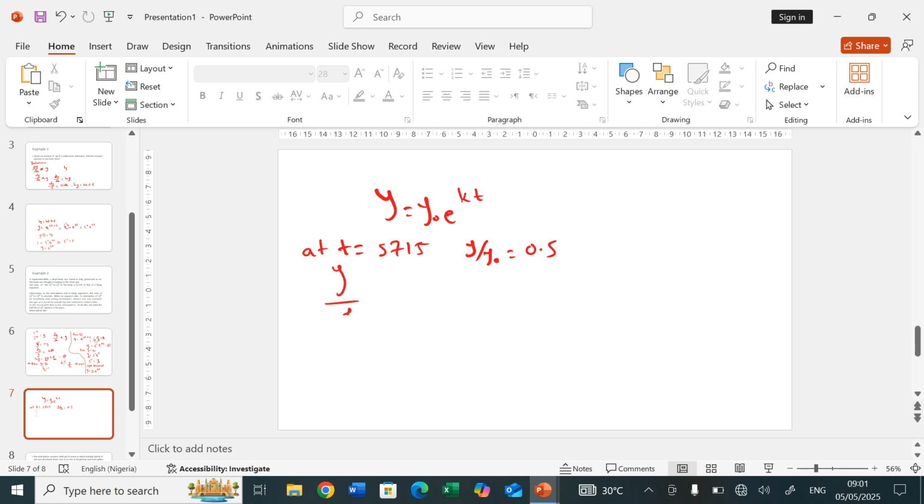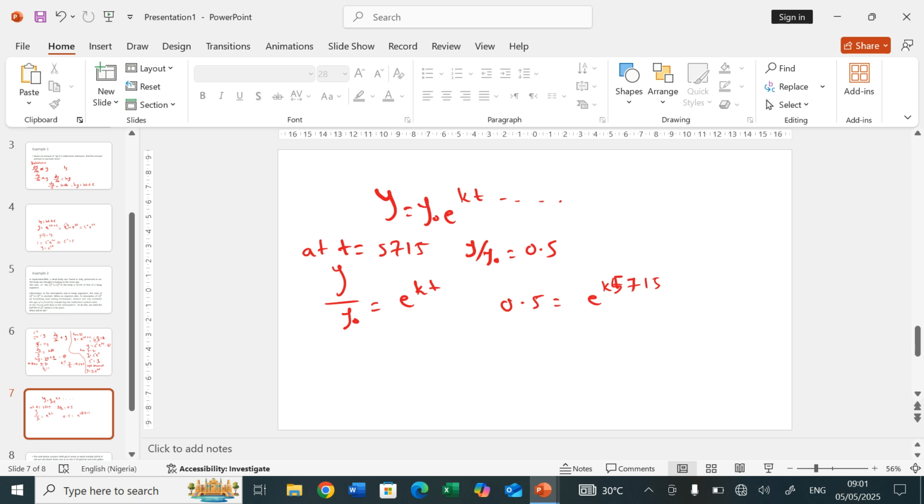Therefore, from this equation, Y over Y naught equals exponential KT, so 0.5 equals exponential KT, and t at that time is 5715.